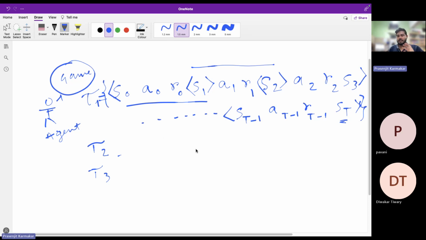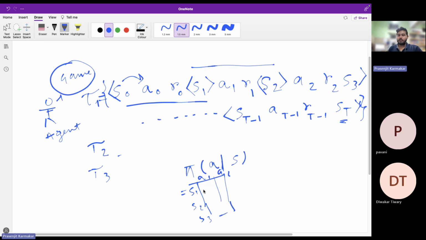And what is policy? Let's just remind ourselves a bit. The policy is in which state you take which action, right? So policy pi is actually giving you what will be the action given a state, right? So it can be represented as, let's say, a table, right? It can be S1, S2, S3. Let's say three states are possible, and only two actions are possible, A1 and A2, right?